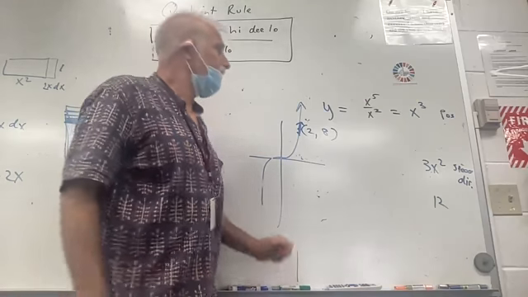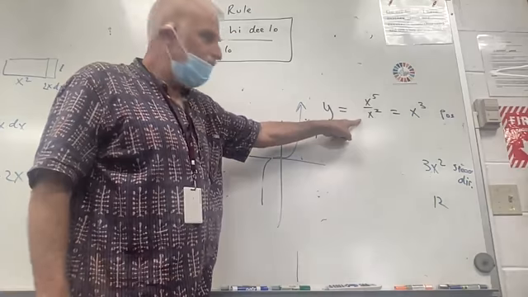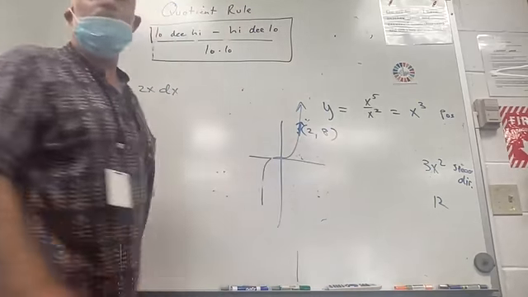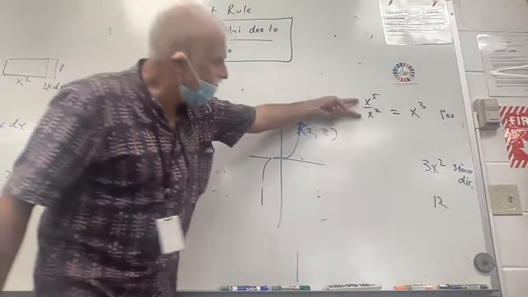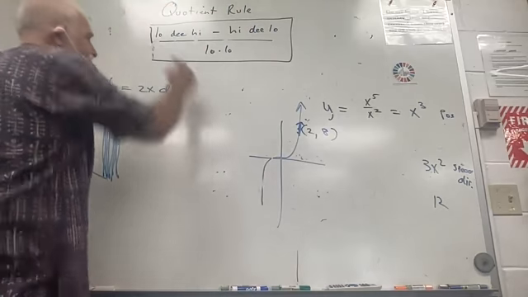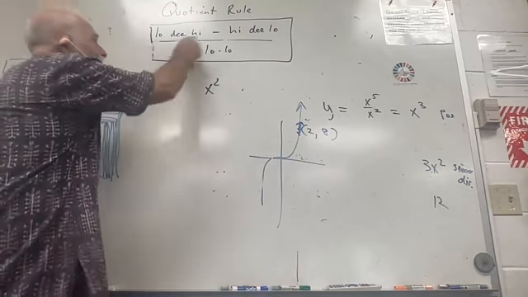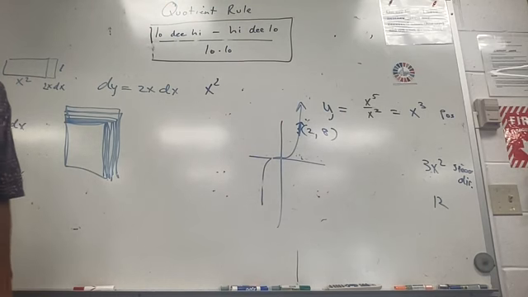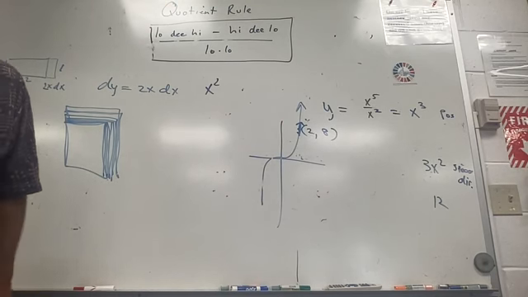So now let's apply the quotient rule, which should get us 3x squared. So low, what do you think low represents in this calculation? The denominator. So we're going to take the denominator, x squared, and multiply it times d high. What's d high? Derivative of the numerator.